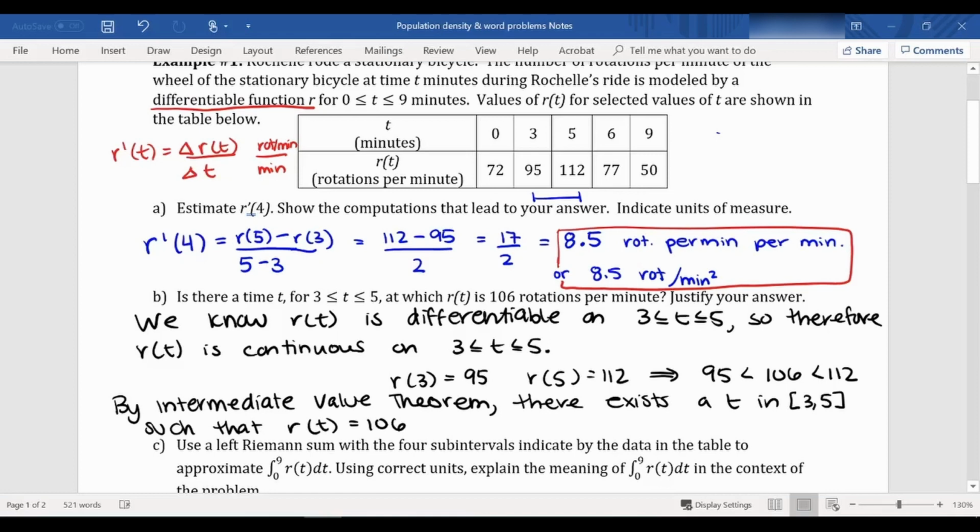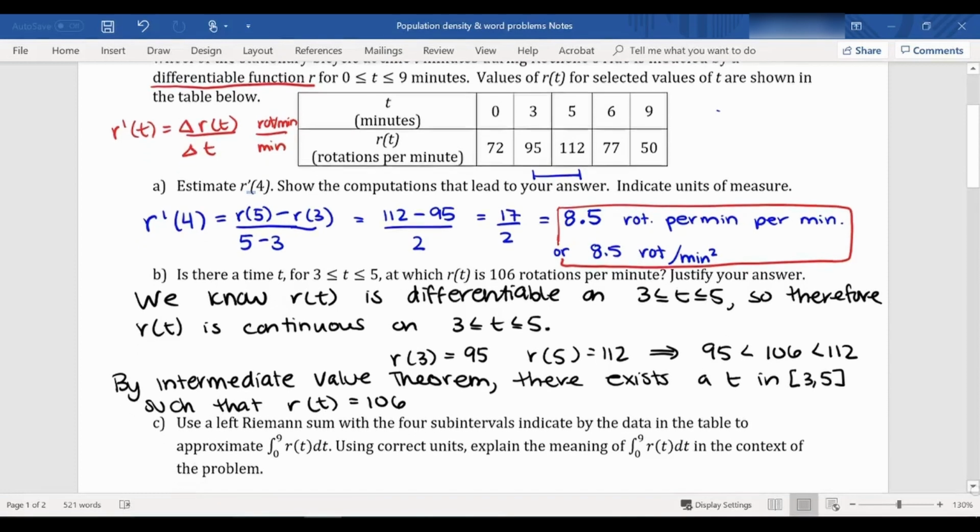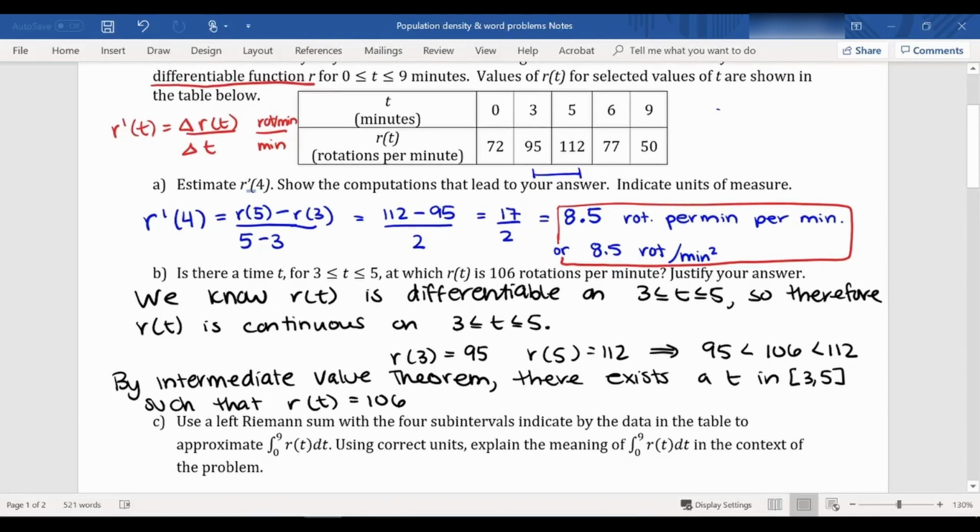Okay, and this is rotations per minute. So again, you'd be able to determine that logically, if this is continuous, I have to pass 106 somewhere between 3 and 5 because I've got a number below 106 and above 106.